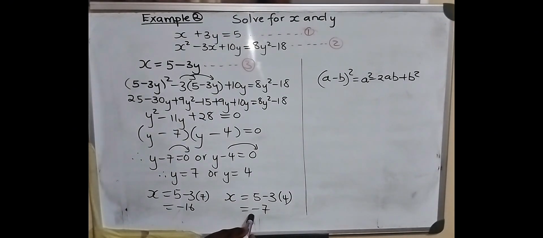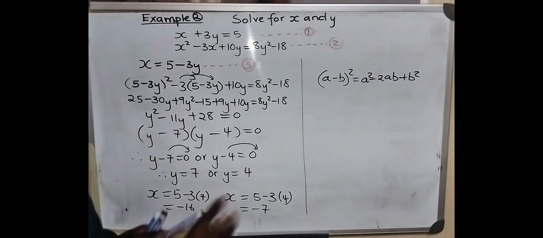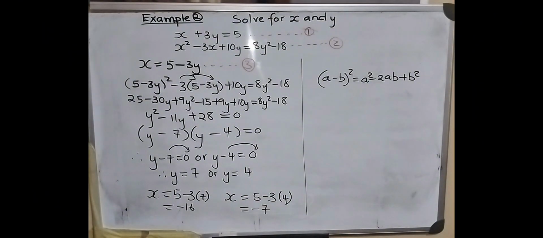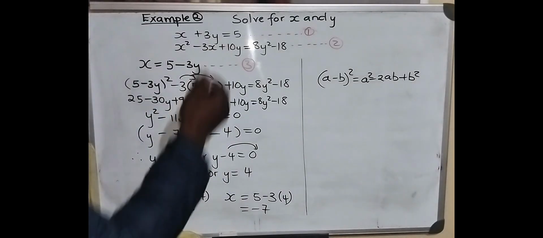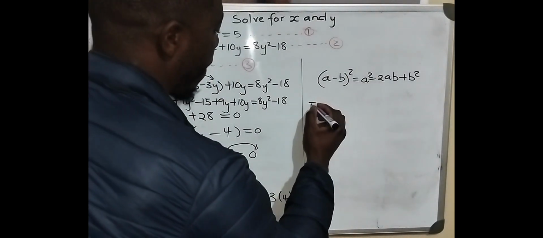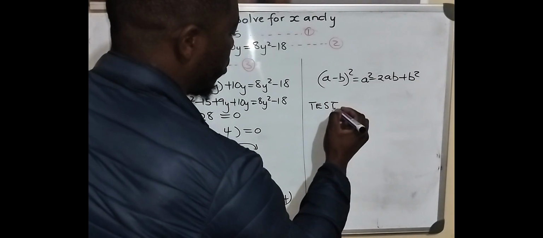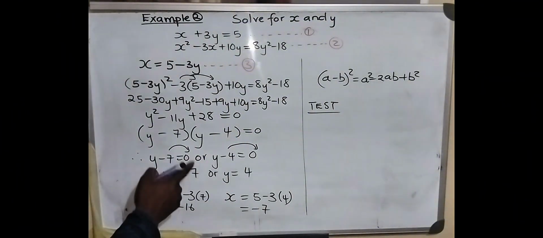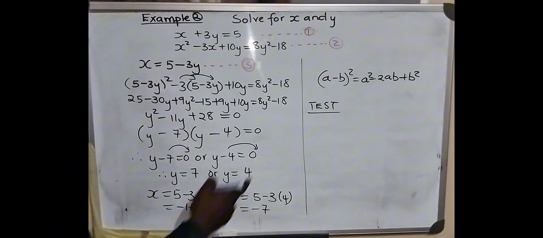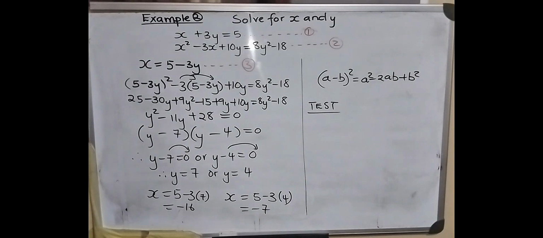Right, like I said, you can also test if you want to see if this is true. You can just choose any two and test if that is true. So we can just take these two and see if the left hand side of our equation is going to be equal to our right hand side.